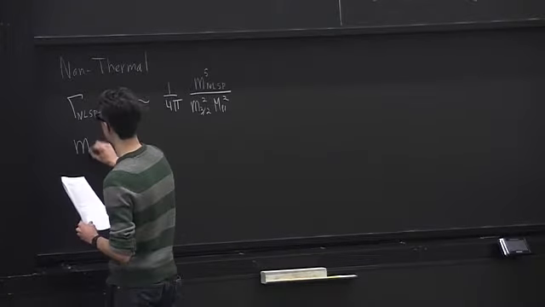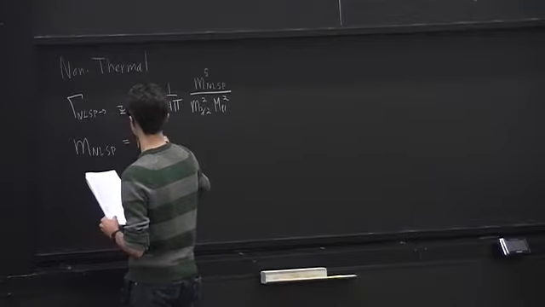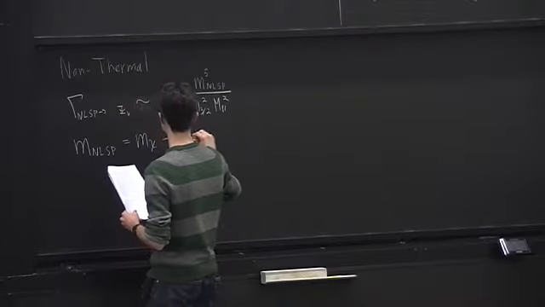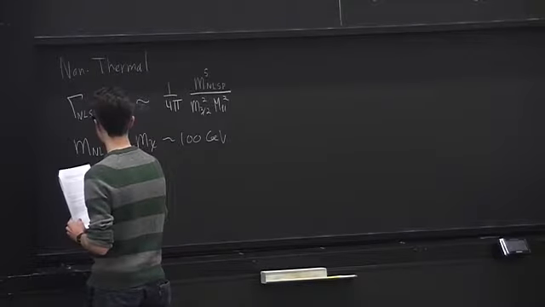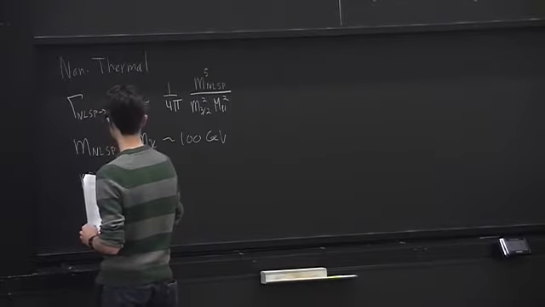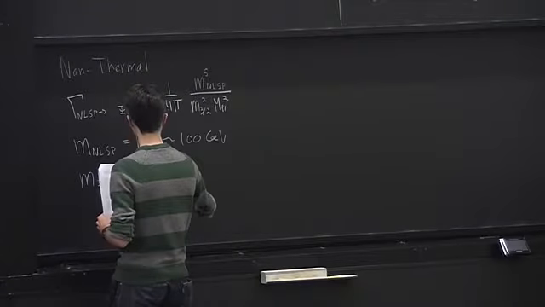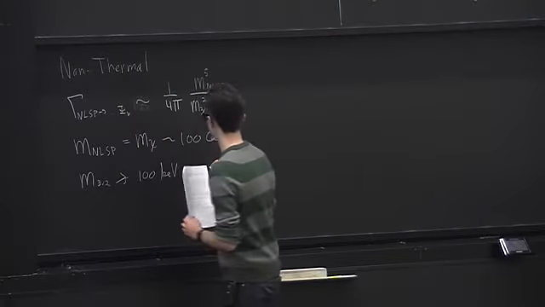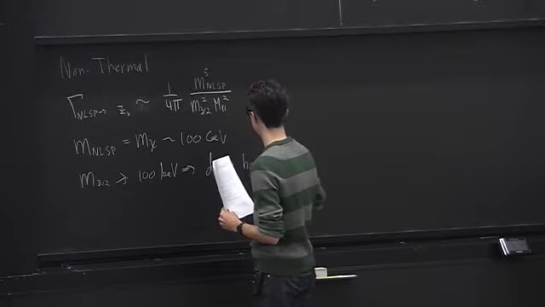So suppose my NLSP, my lightest standard model superpartner, which I'll call M chi, is about 100 GeV. From this, you can show that m3/2 greater than about 100 keV implies this decay happens after freeze-out.